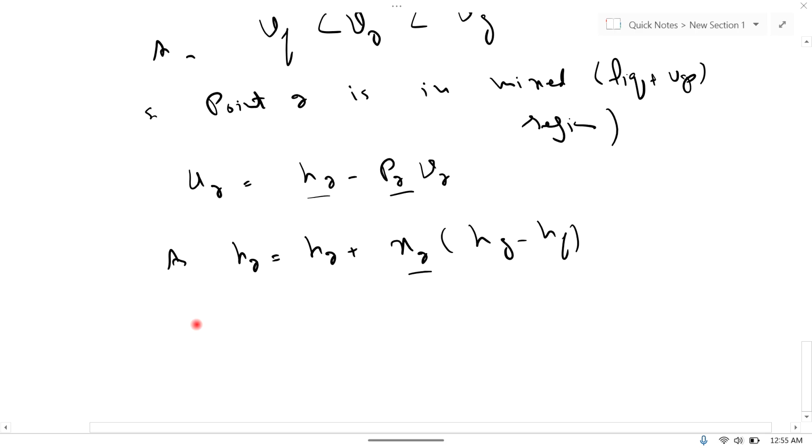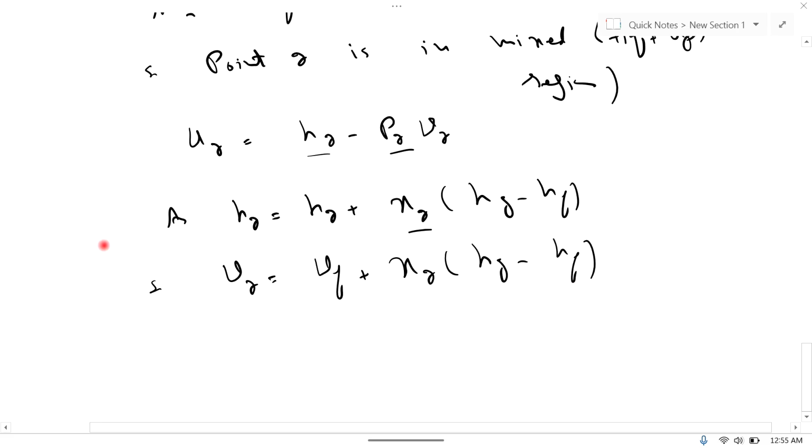Here X2 is unknown, so we can find X2 with the help of the formula V2 is equal to Vf plus X2 into Vg minus Vf. Rearranging this equation, X2 is equal to V2 minus Vf divided by Vg minus Vf.